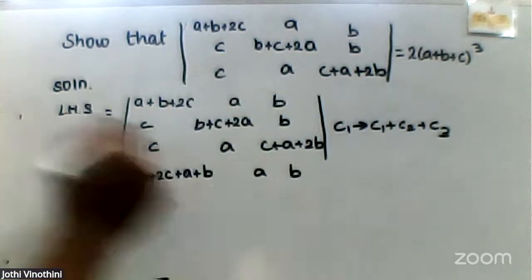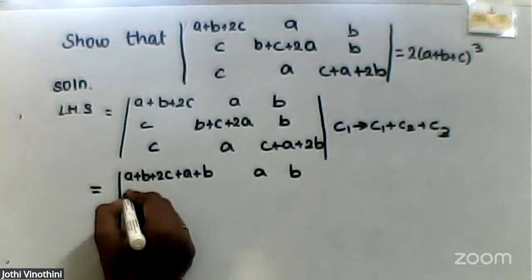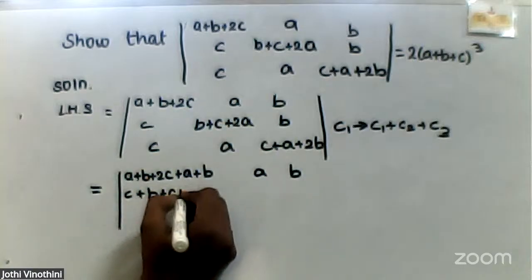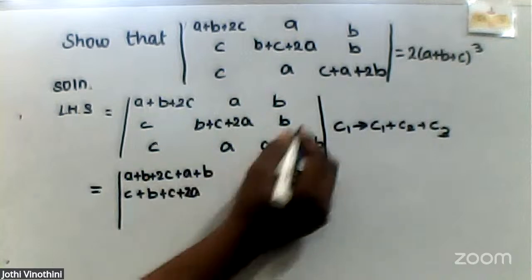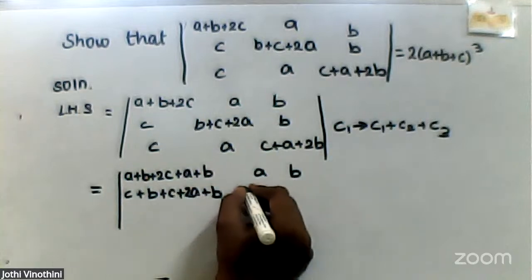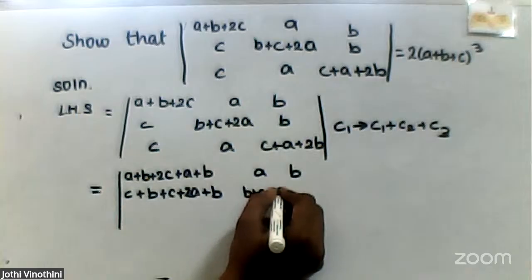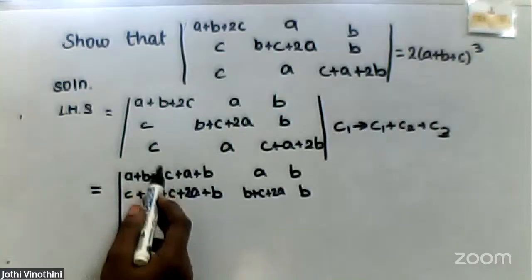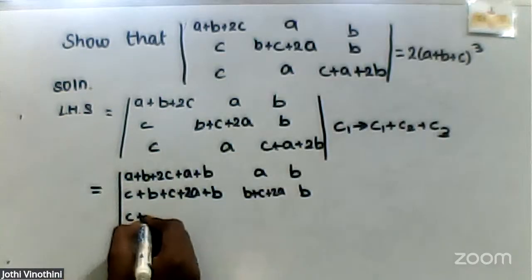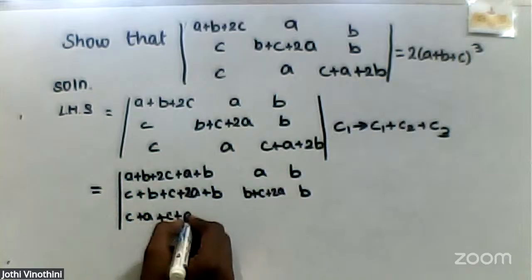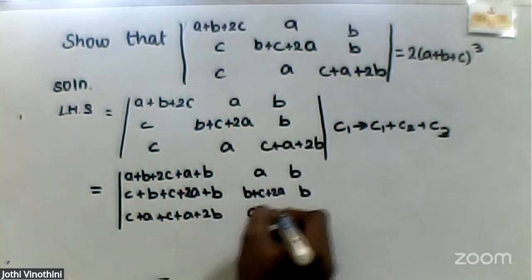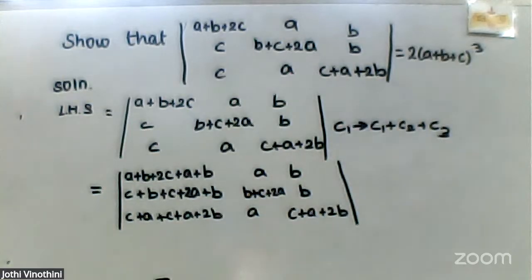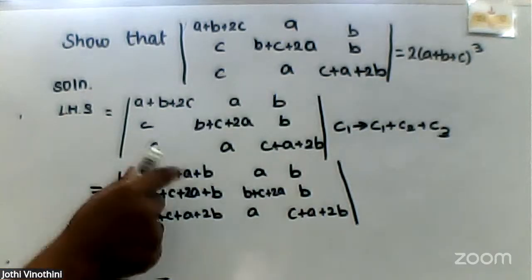In the second row, C1 is b plus c plus 2a plus the other entries, and in the last row, c plus a plus 2b. Clear?